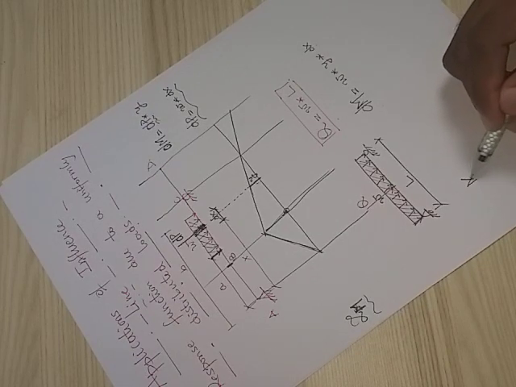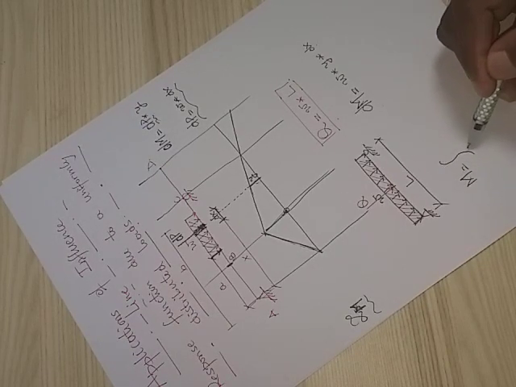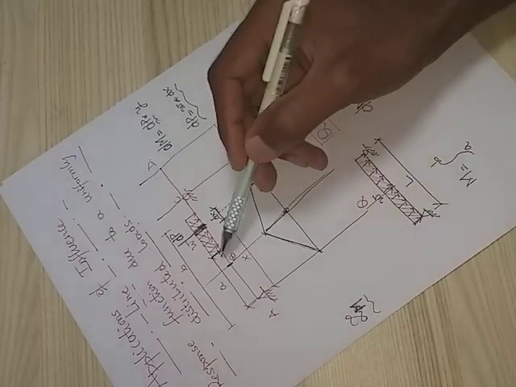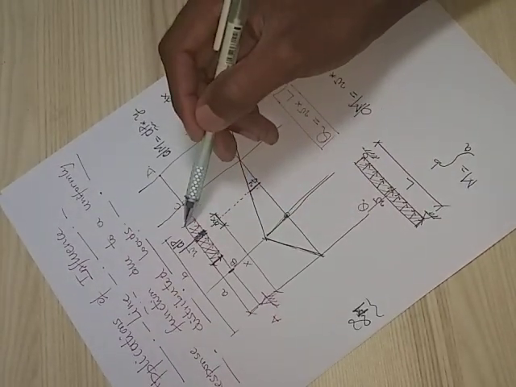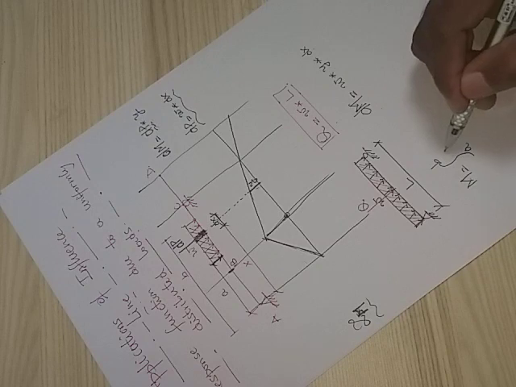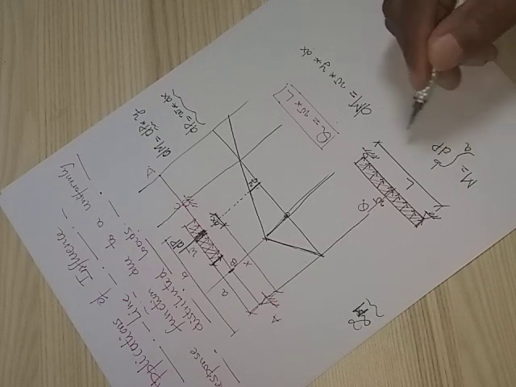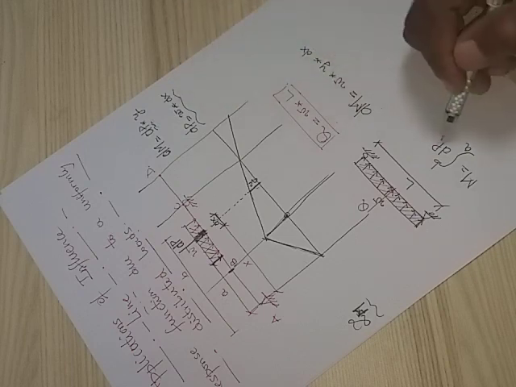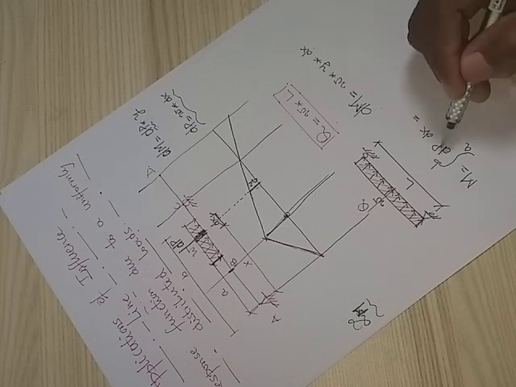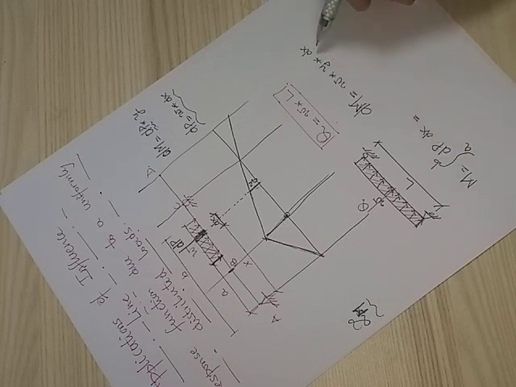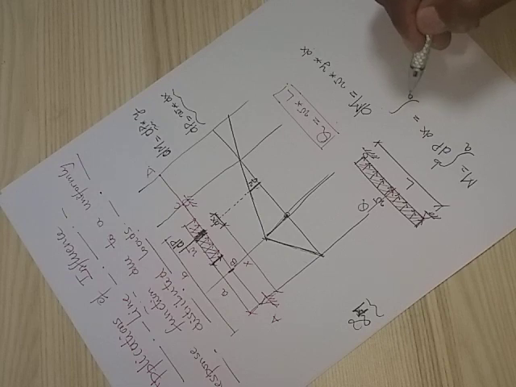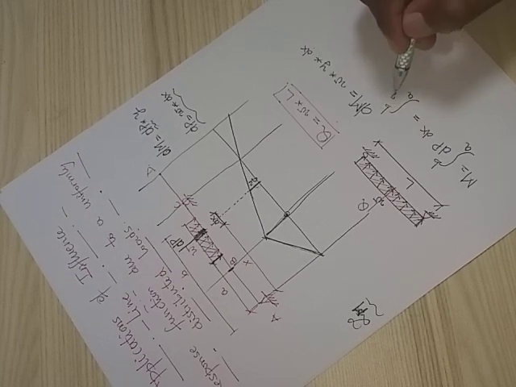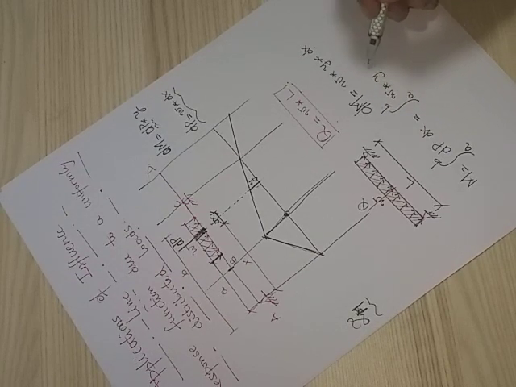The total moment is equal to the integral from A to B of dP times y, that is equal to the integral from A to B of w times y times dx.